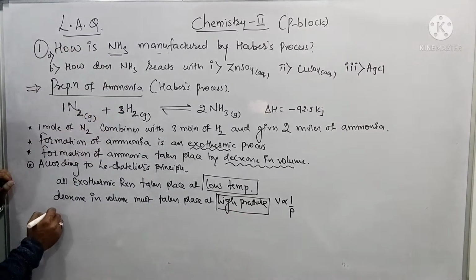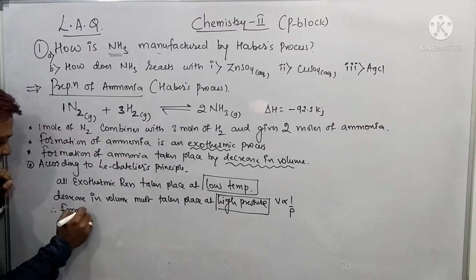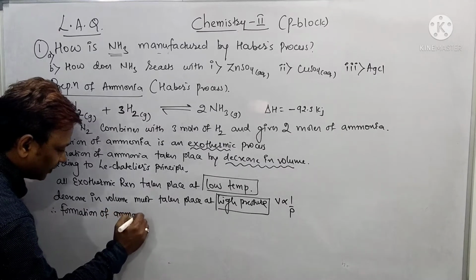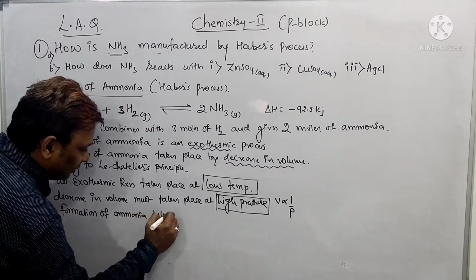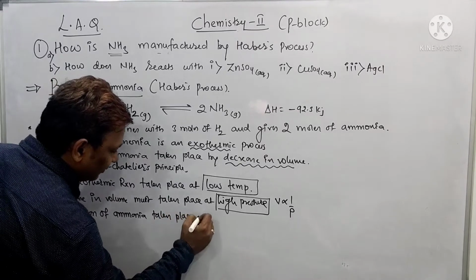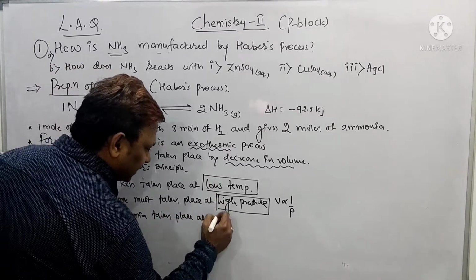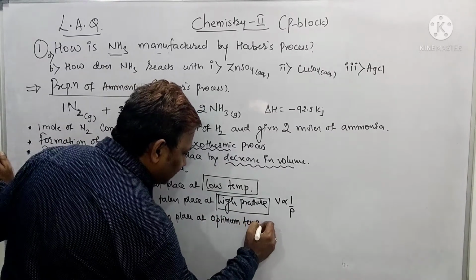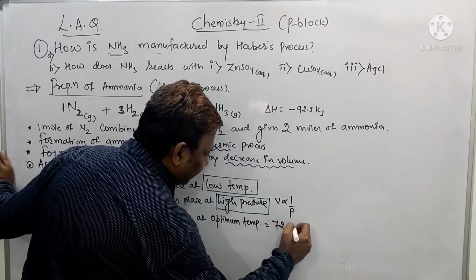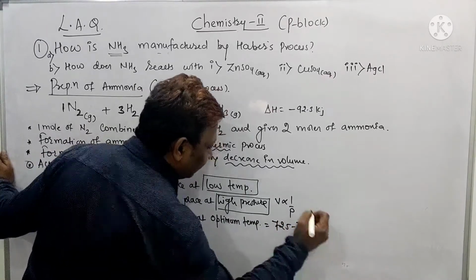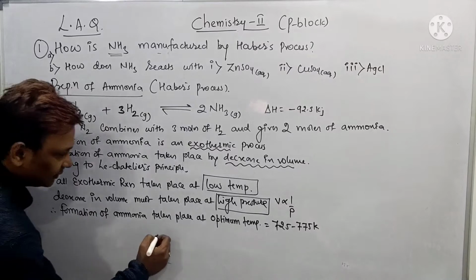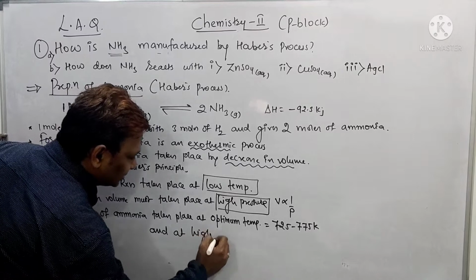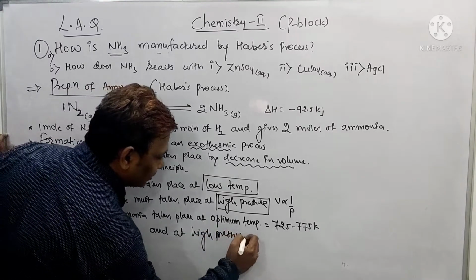Hence we can say, formation of ammonia takes place, instead of at low temperature, beta, at an optimum temperature, that is 725 to 775 Kelvin, and at high pressure, because it takes place at high pressure.